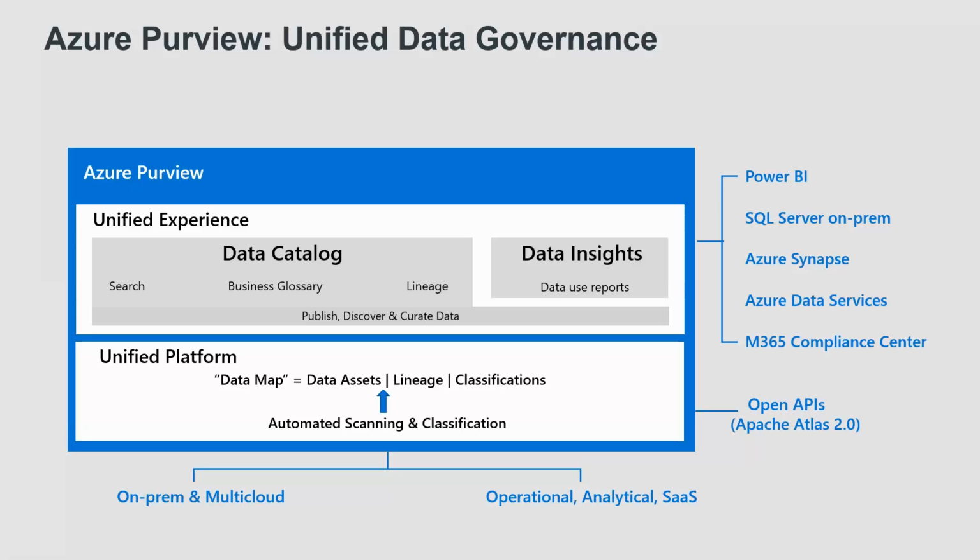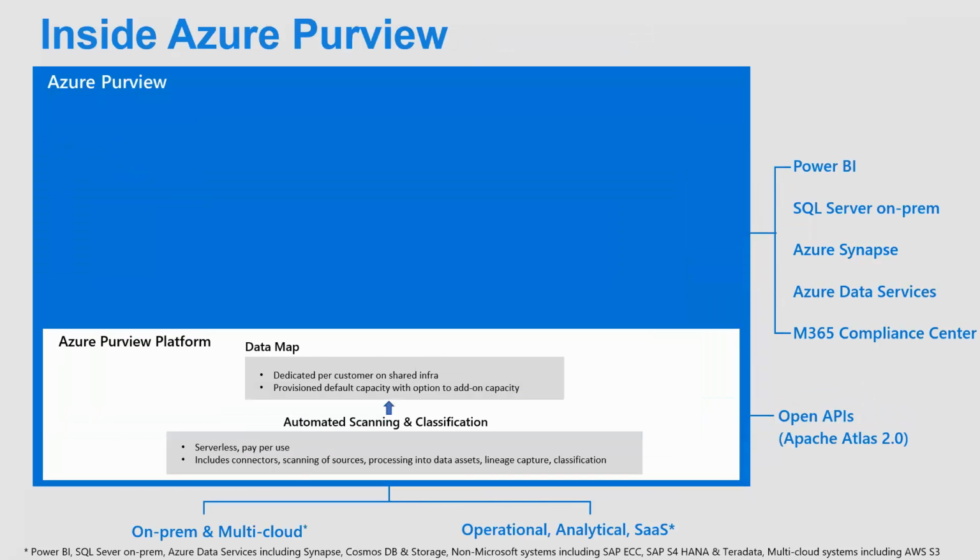You can use the Apache Atlas API to update your data catalog, to query your data catalog, and to even feed your custom data lineage, your custom metadata from a system that doesn't have a built-in scanner as of today, using the Apache Atlas API. So very, very open to the outside, to the sources that can be scanned, plus integrating into other systems, plus integrating and having the option of using an open API.